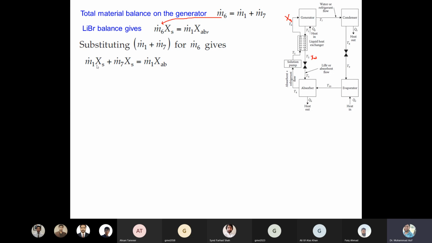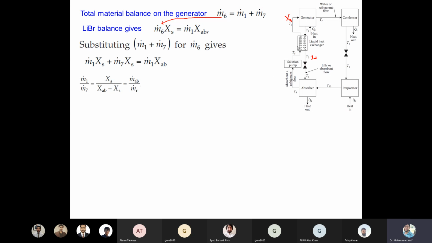We can have the ratio of M1 and M7, whereas M1 means the mass which is coming into the absorber, and M7 is the mass of the refrigerant. So this is basically the ratio of the mass of the absorber solution to the mass of the refrigerant, right?